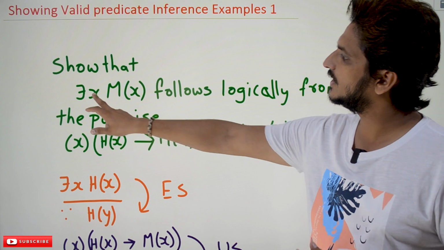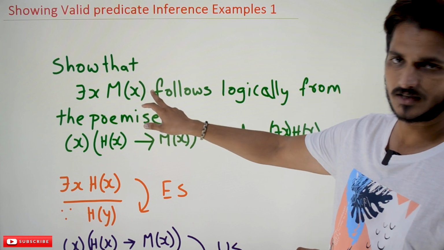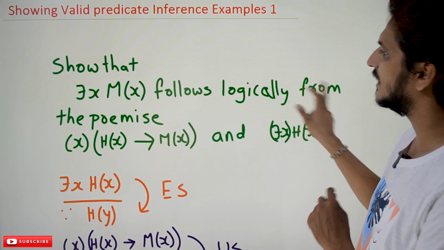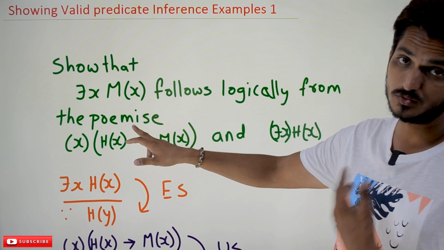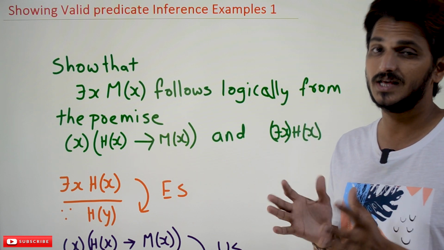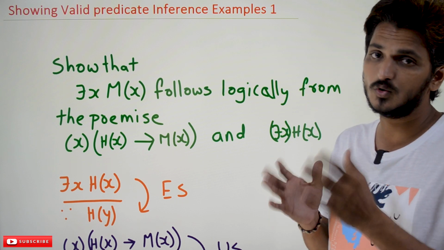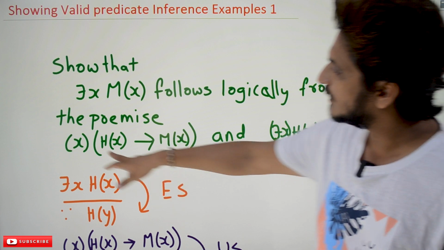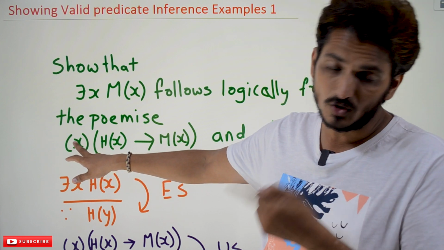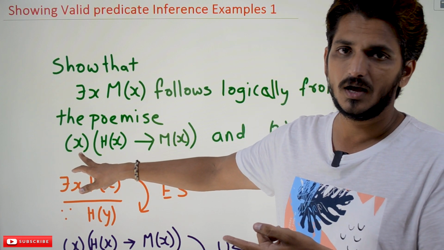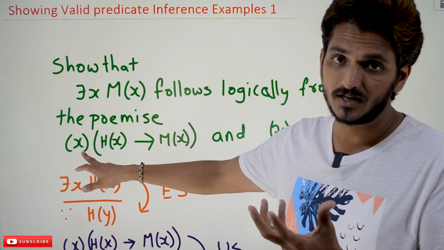Today, we need to show that there exists x, m of x follows logically from the premises. They are going to give some premises. We have done similar examples in our previous classes on proposition logic. There we don't have the concept of universal and existential quantifiers, and the statements are written directly using variables.